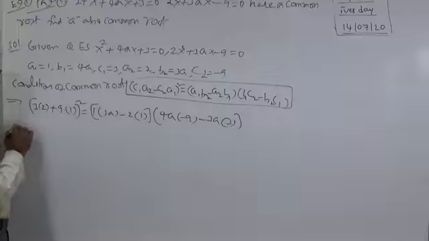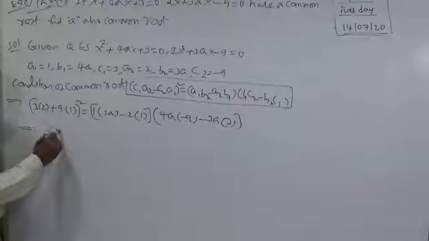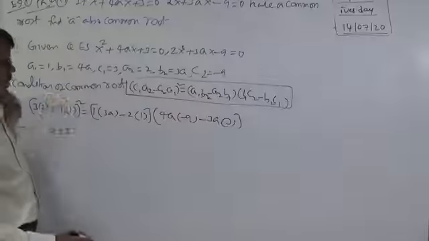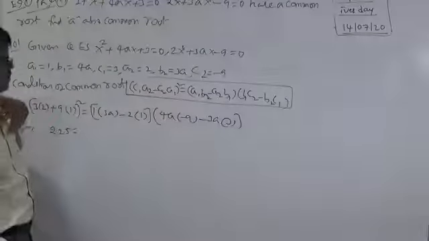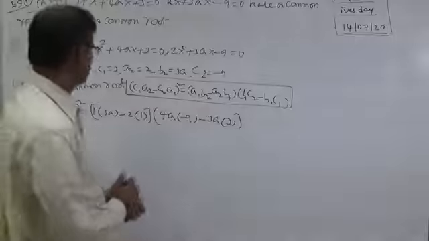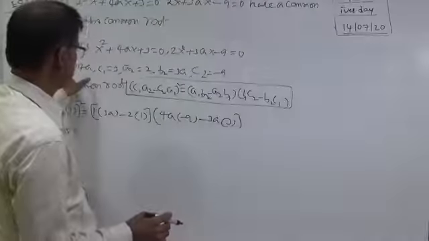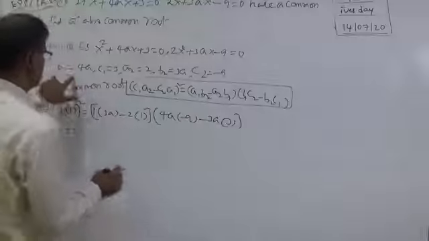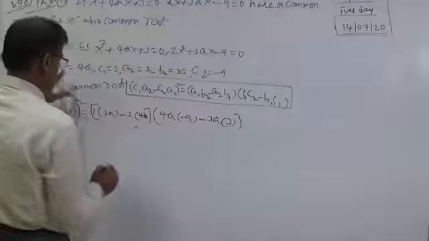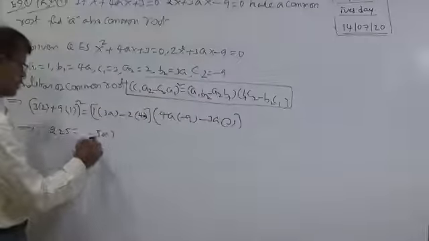This implies 6 plus 9, which is 15; 15 whole square is 225. The other factor is 3a minus 8a, which becomes minus 5a.